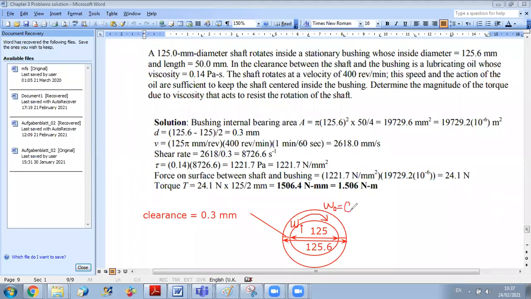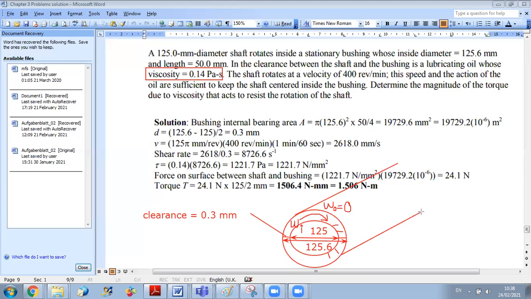Okay, and we have oil in between, which is a viscous fluid, and they gave us the viscosity of oil. Now, we also have the length of the system. So the length is 50 millimeters. If you want, it's like cylinders, and the total length is 50.